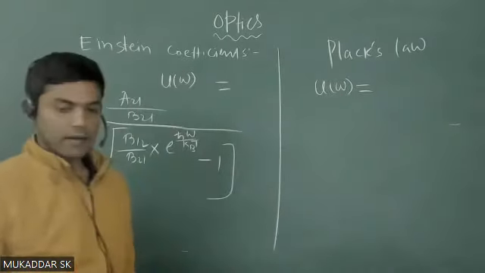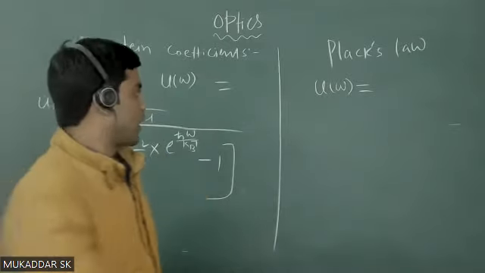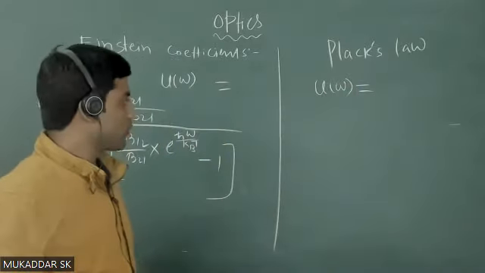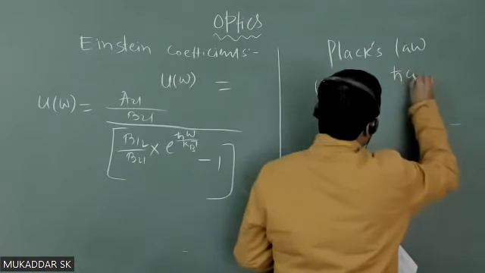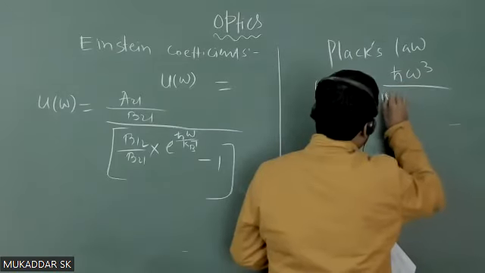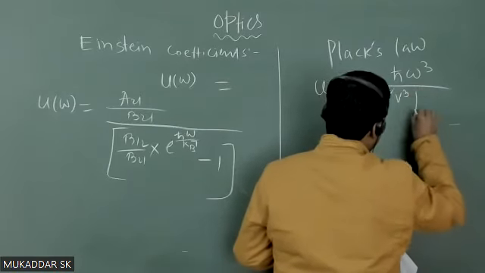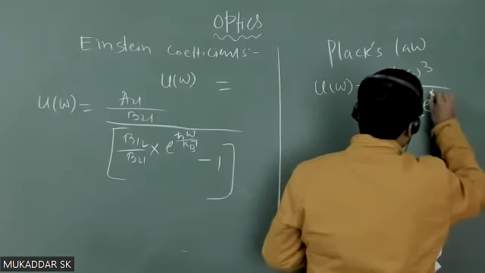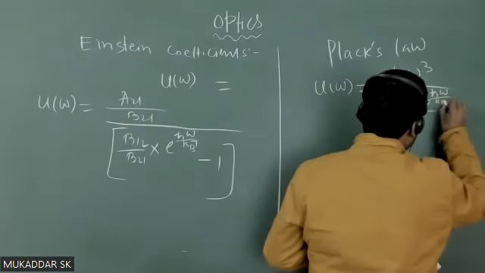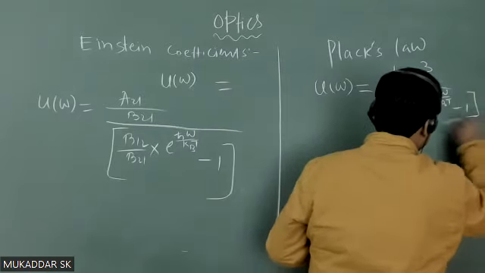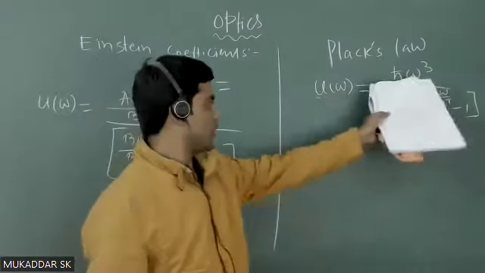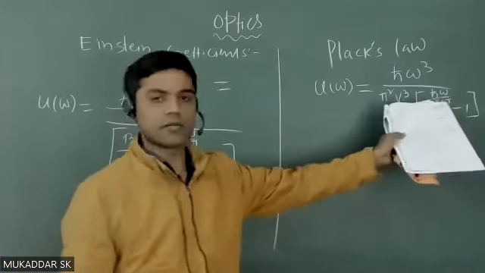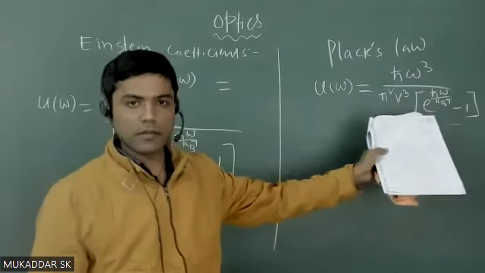It was h cross omega cubed divided by pi squared v cubed, and you have exponential h cross omega by kBT minus 1.